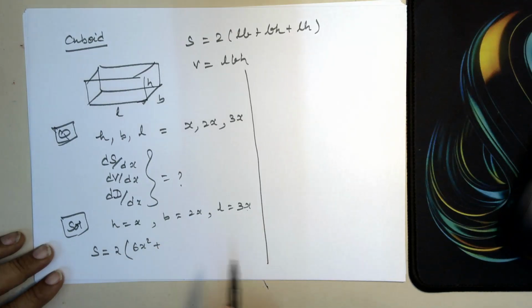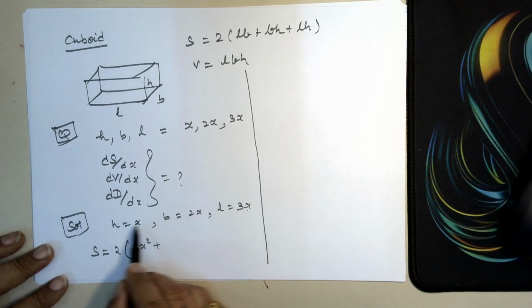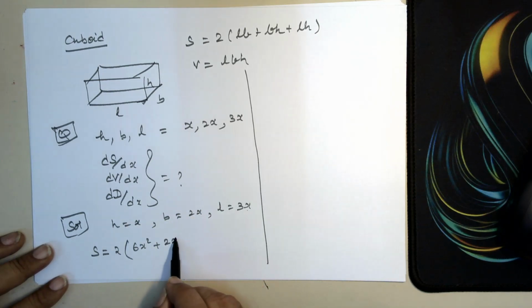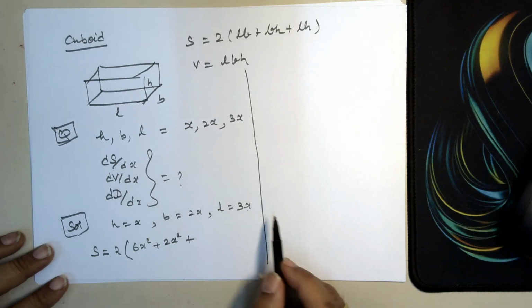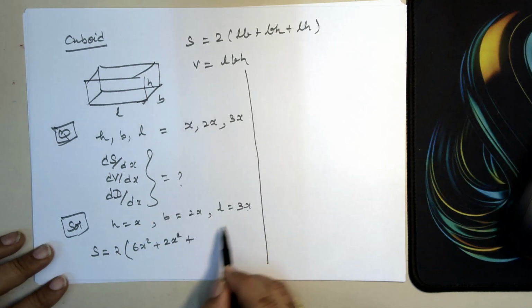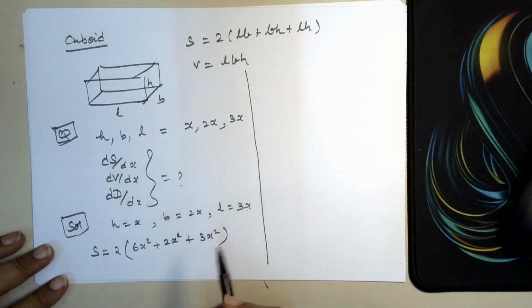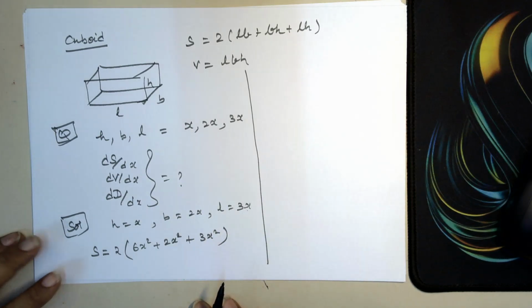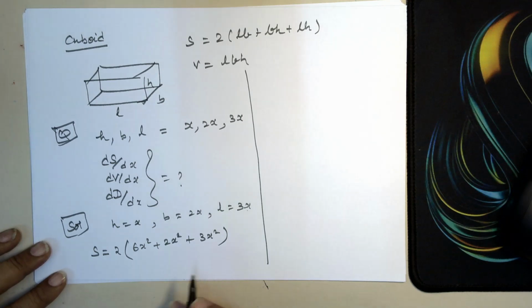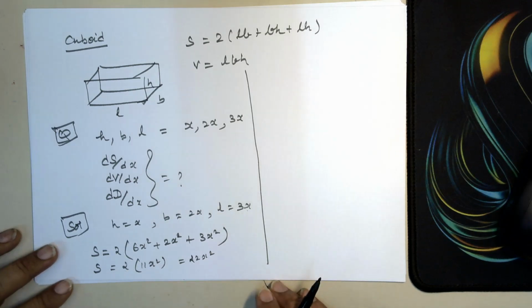Plus BH, that is B into H, 2x into x, 2x squared, plus LH, 3x into x, plus 3x squared, close the bracket. So this is the surface area. So all are in square only, so you can add anything. 6 plus 2, 8 plus 3, 11x squared. Now the S is equal to 22x squared. 2 into 11, 22x squared.